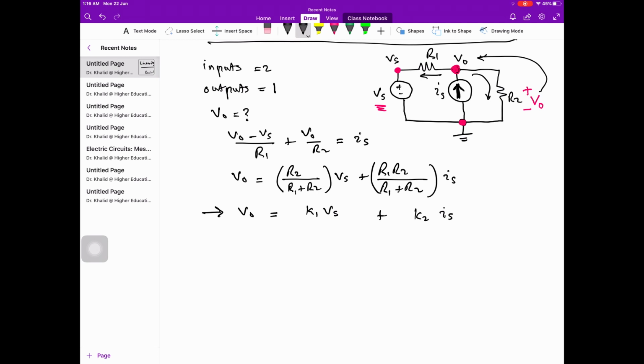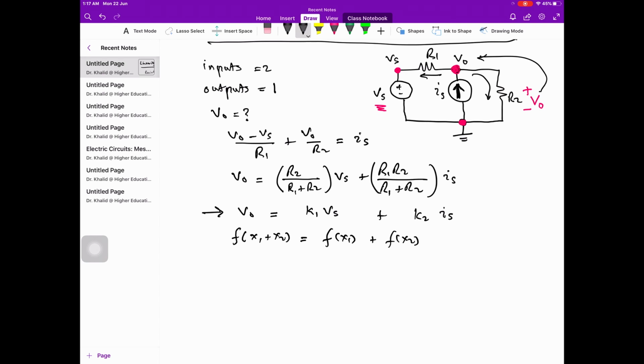Mathematically, we can express it: the output voltage is a function of x1 and x2, shown as inputs. This is equal to the output due to one source plus the output due to the other source. Don't worry about this mathematical representation, soon it will be clear.